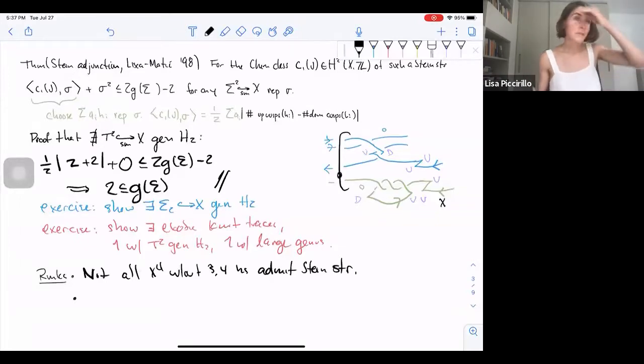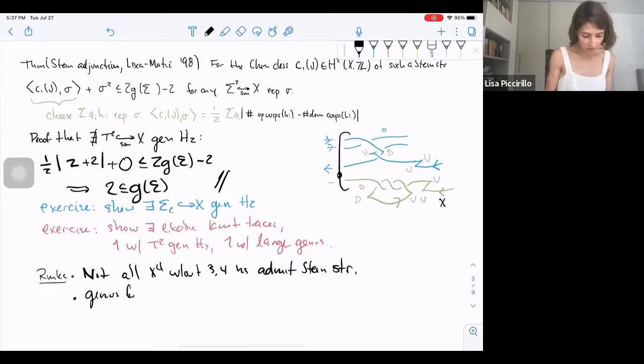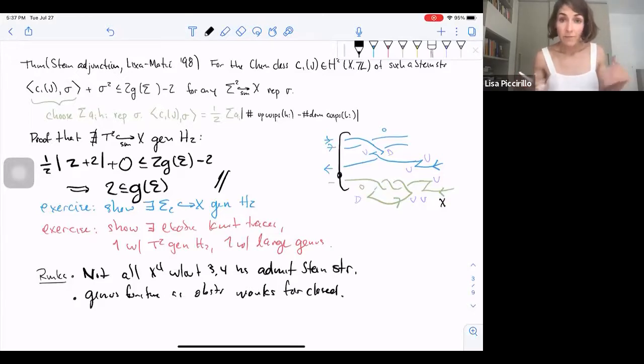And maybe the second remark, something I told you to keep in mind as we prove all the theorems we're going to prove in this mini course, is: that's a nice theorem, could I use this to answer that question in closed manifolds? The first answer here is, how did we distinguish these guys? We used the genus function, and that should work just fine for closed manifolds that have some B2. So genus function as an obstruction works for closed. But when you use a genus function, you have to have some lower bound somewhere.